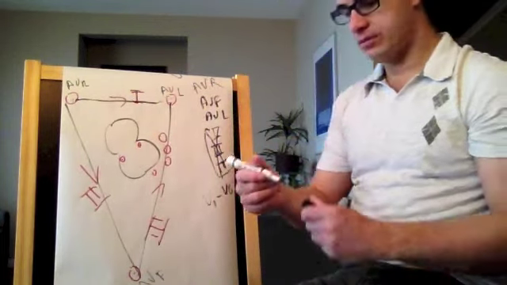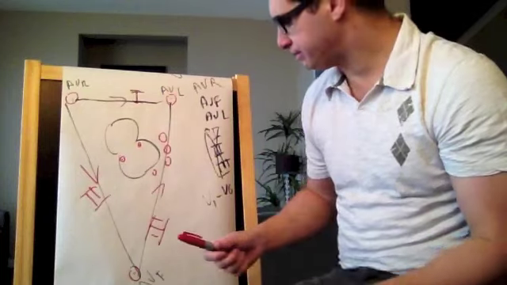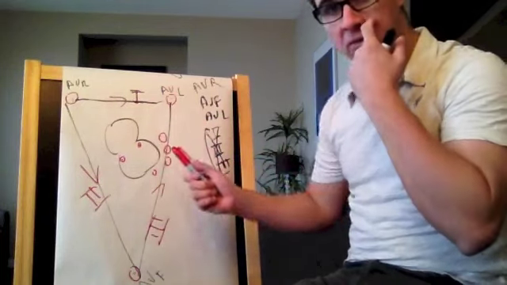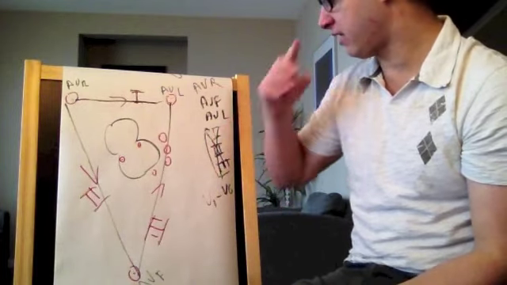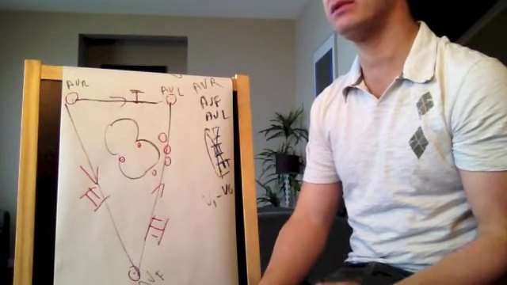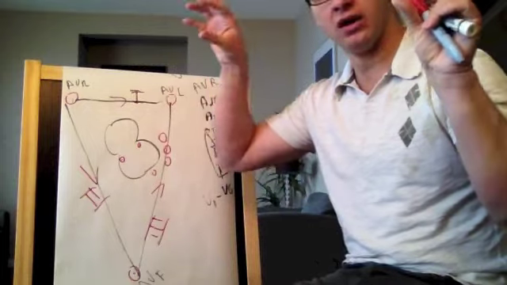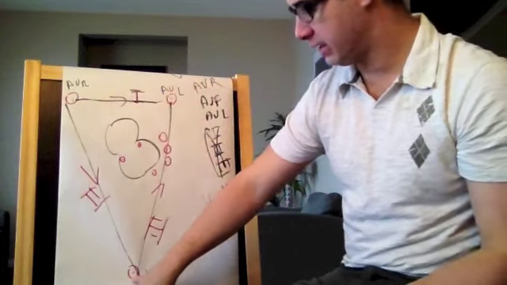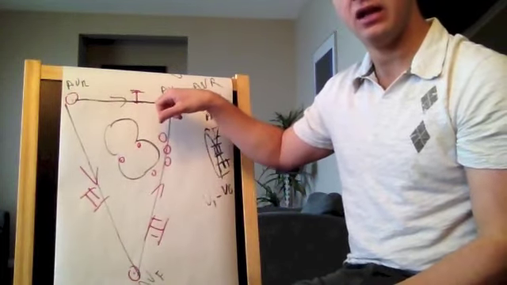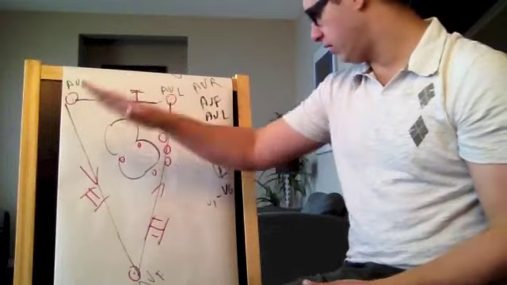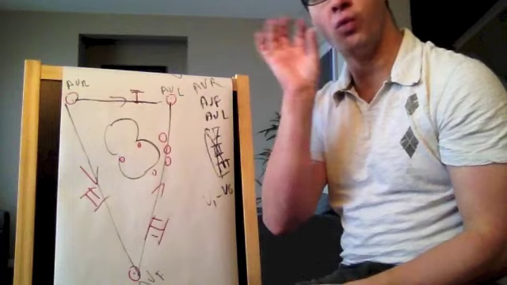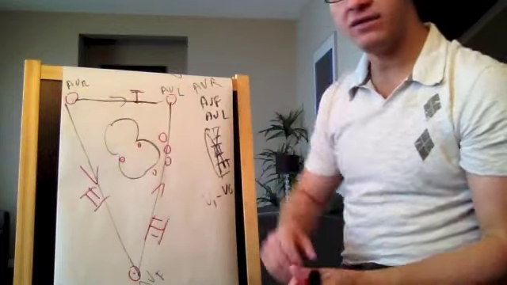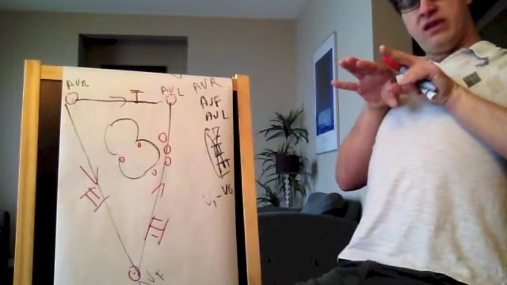Compared to lead 1, 2, and 3, the electricity is not going between two stickers, so it's not going from here to here. All the other ones besides 1, 2, and 3 are seeing electricity in one spot. So AVR will only see from its point of view.